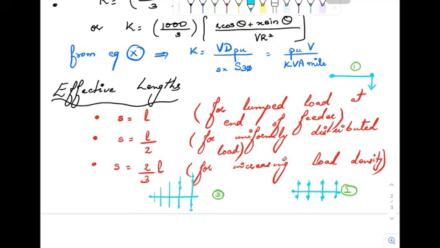In that case, we can assume that the load can be lumped at 2 by 3 of the total length of the feeder. So effective length will be 2 by 3 L. In this case, the effective length will be L by 2. In this case, effective length will be equal to total length. You can see the lump load is at the end of the feeder.